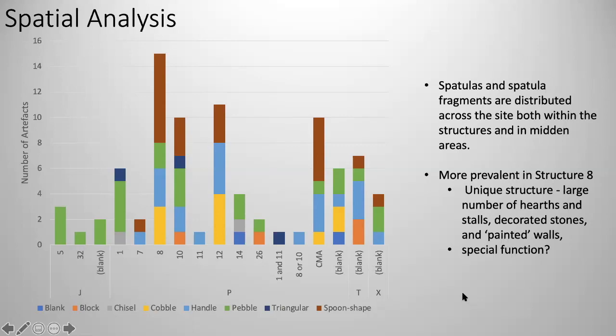And it's kind of been suggested that structure 8 may have had a special function. What special function that is, we're not quite sure. However, the presence of a large number of spatulate tools in structure 8 suggests maybe they were special too, especially all of the spoon-shaped spatulas.